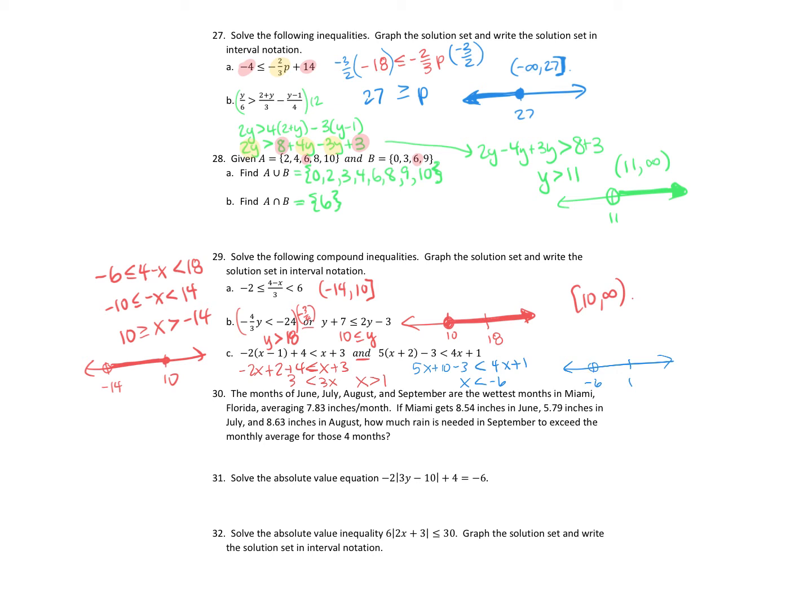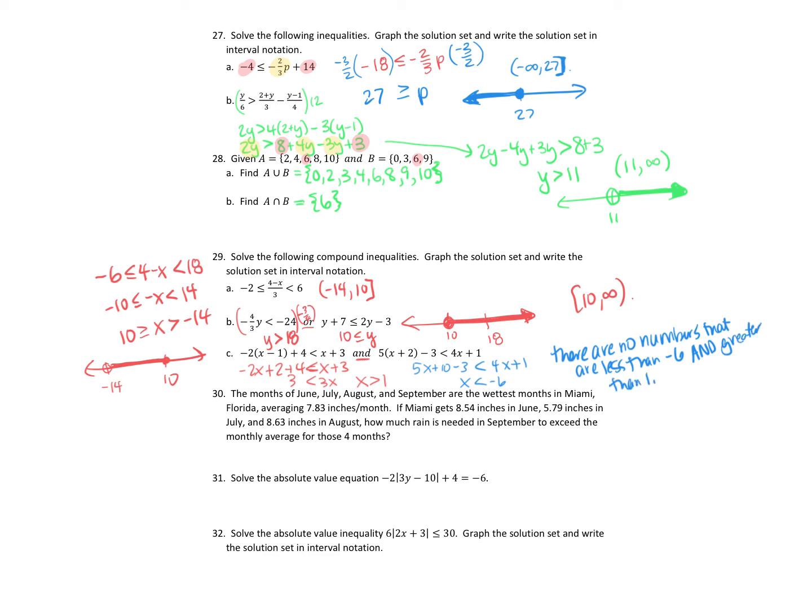So if it's less than negative 6 and greater than 1, there are no numbers that fit both of those, right? There are no numbers that are less than negative 6 and greater than 1.